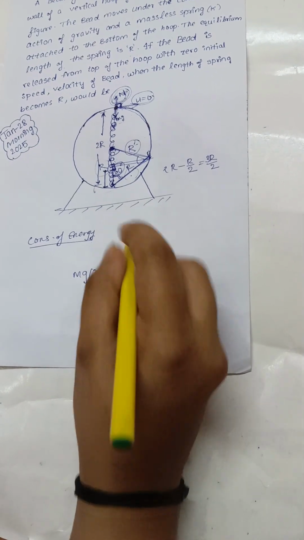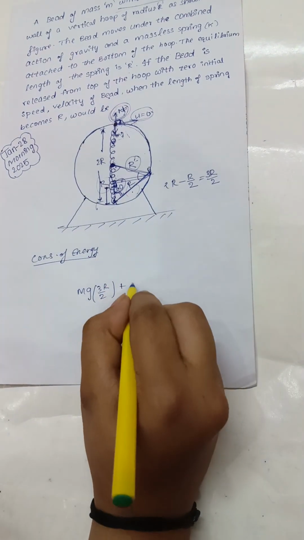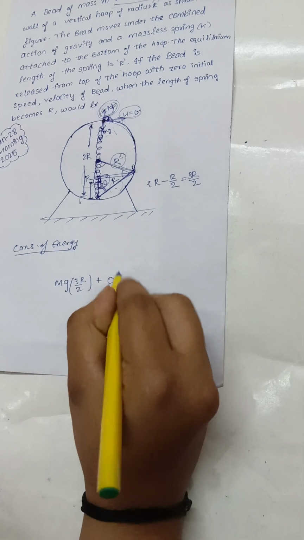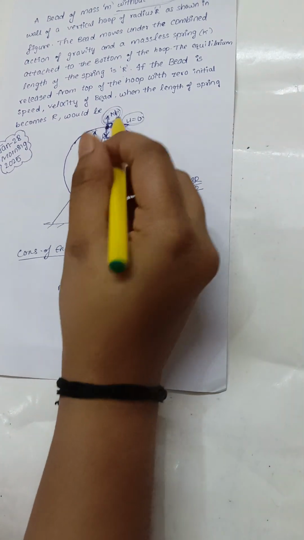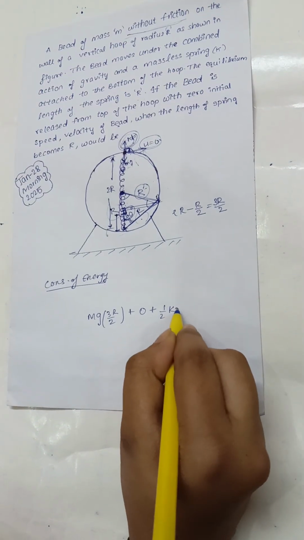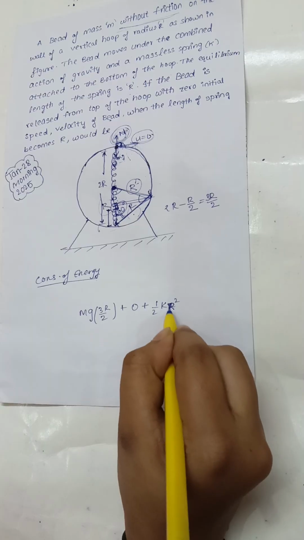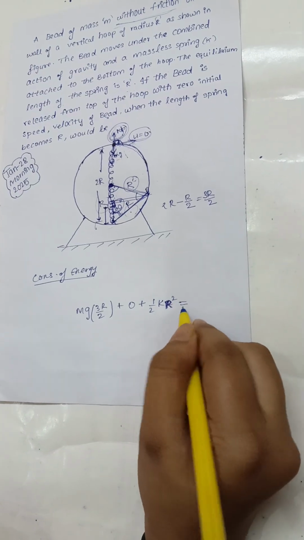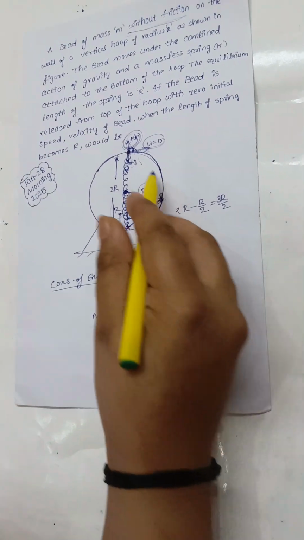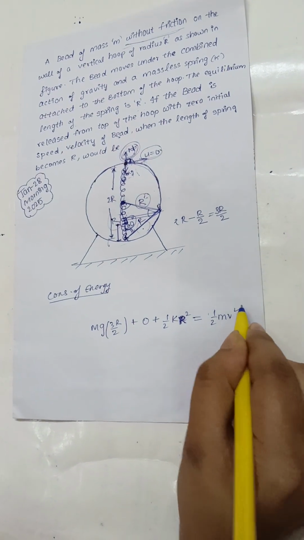Initially we don't have any velocity, right? So 0 kinetic energy plus we'll have some spring energy, that is half k x square. That x is nothing but r, the spring's extension from its natural length, and this is equal to, finally, we have some velocity, half m v square.